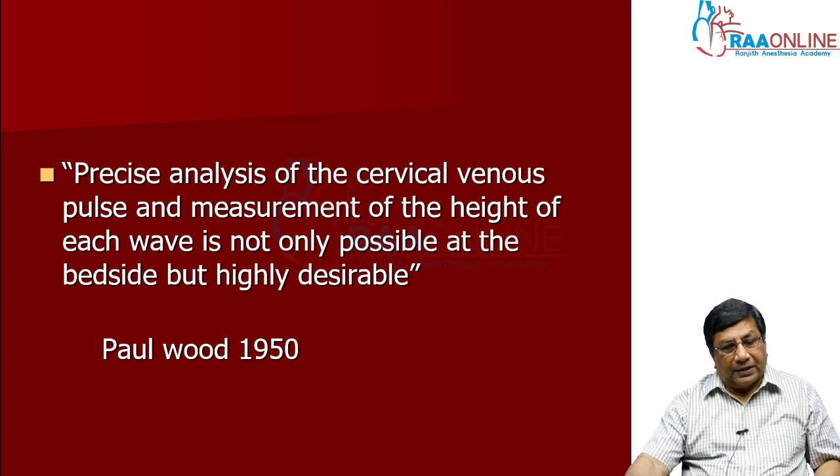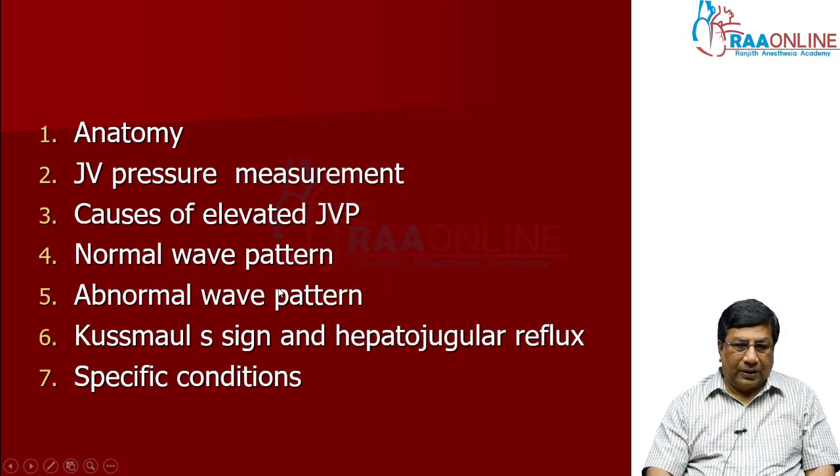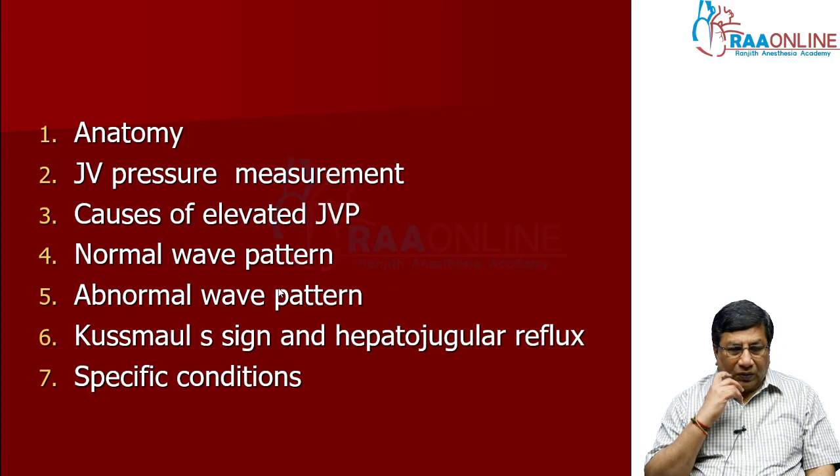And precise analysis of the cervical venous pulse and measurement of the height of each wave is not only possible at the bedside but is highly desirable. Although one hardly looks at the jugular venous pressure today, it is very important to have this crucial information. So we will go with this format.